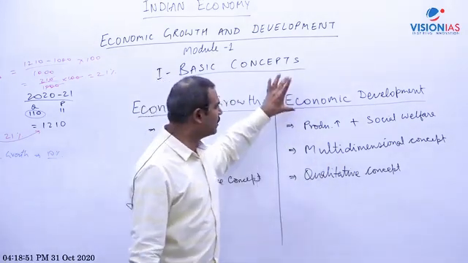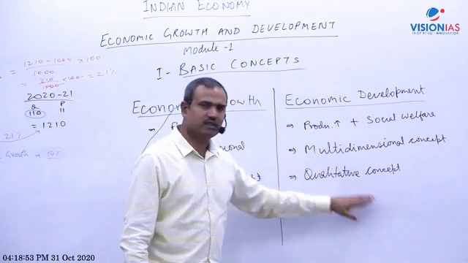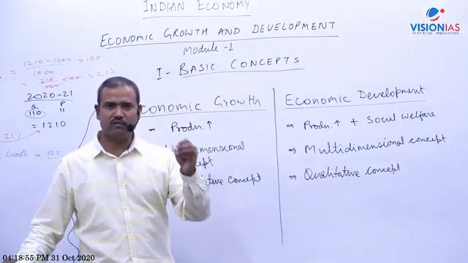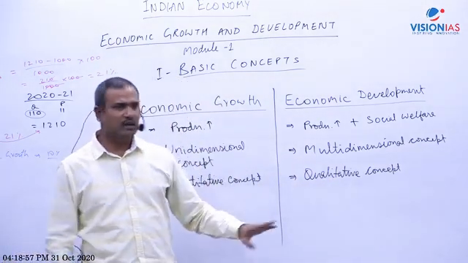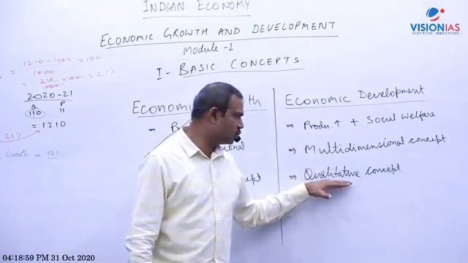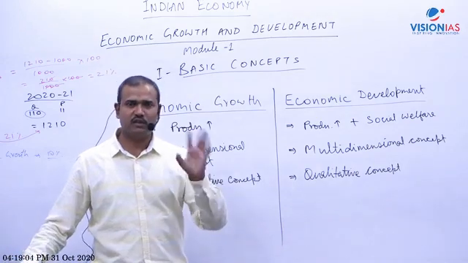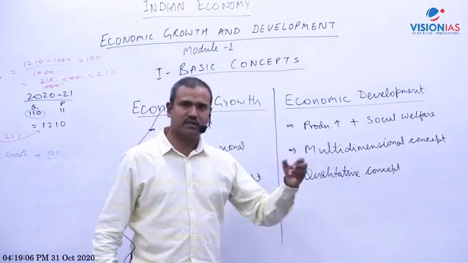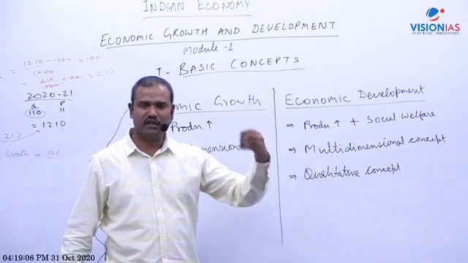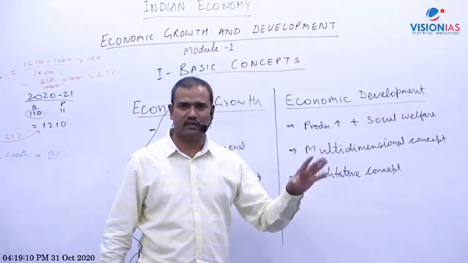So economic development is actually a qualitative concept. Even in some books, like one book I read, they have mentioned it is both quantitative and qualitative. So it is wrong. Even in the TMS book itself, it is written, and there are a lot of mistakes, not one, at least I think more than 10 mistakes I have seen.